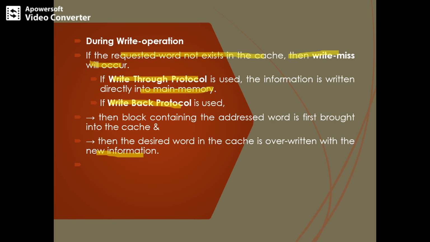So in order to overcome write miss with write back protocol, the block containing the addressed word will be copied into the cache, and in the cache we can update the information. This is how we can avoid write miss in cache operation.